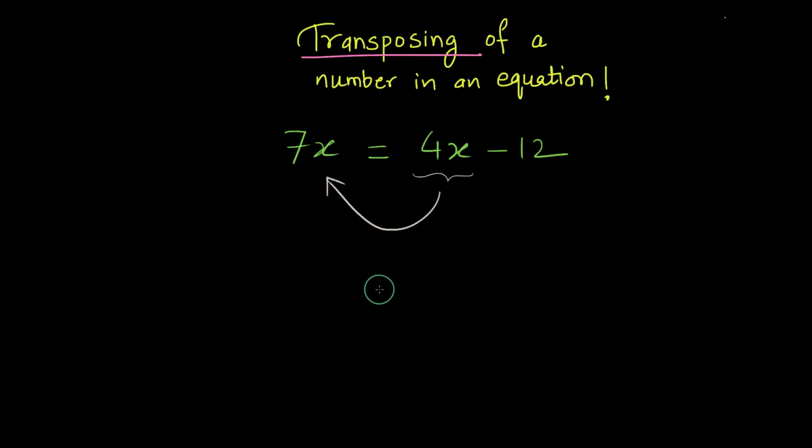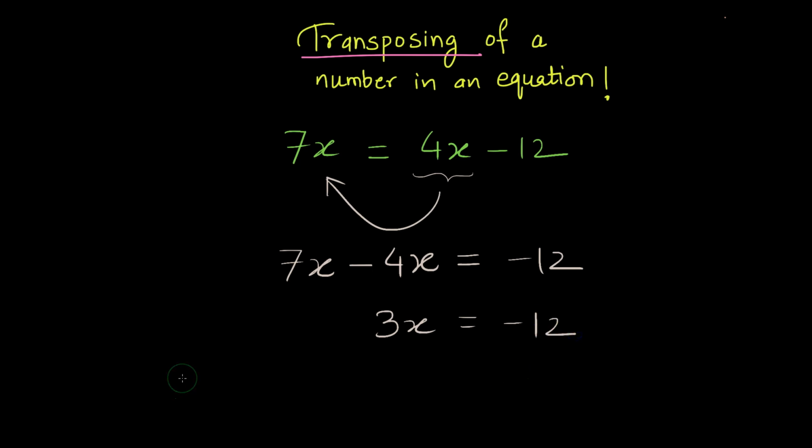Let's move this 4x to the left hand side, and while transposing the 4x to the left hand side, we will change its sign. So we will write 7x, the 4x becomes minus 4x, an equal sign, and then minus 12, and the equation then becomes 3x is equal to minus 12.